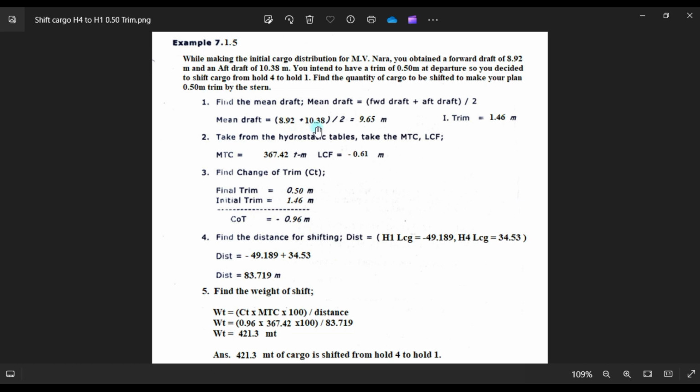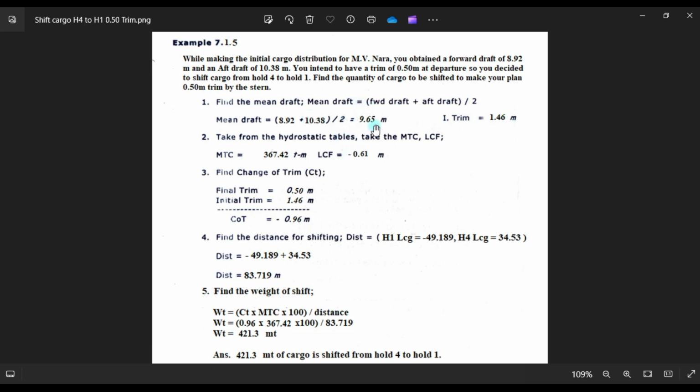With this initial forward draft of 8.92 and aft draft of 10.38, the mean draft would be 9.65 and the initial trim is 1.46 meters. With this trim, we want to reduce this to 50 centimeters or 0.50 meters. To reduce this, we shift cargo from hold number 4 to hold number 1.